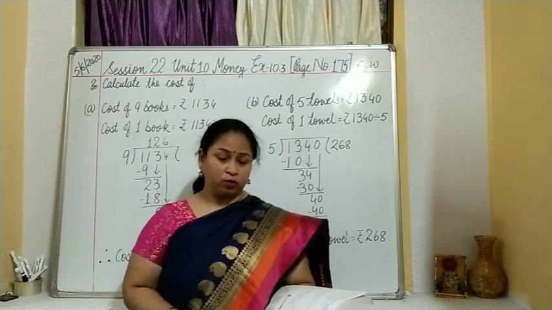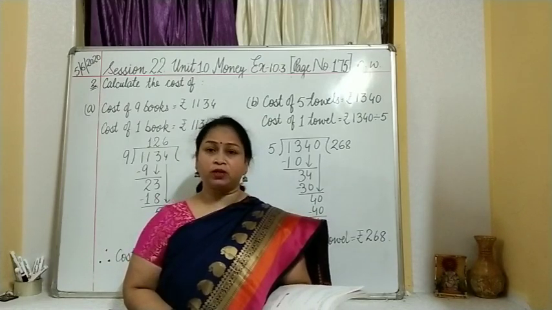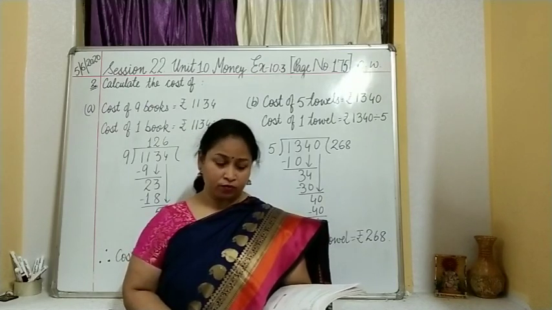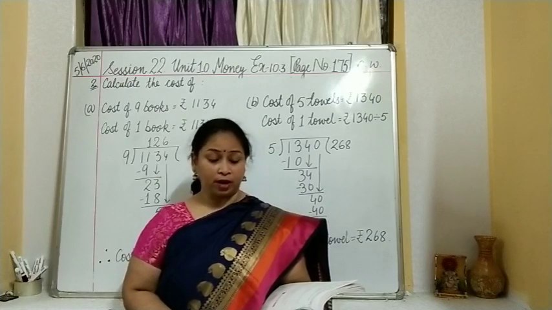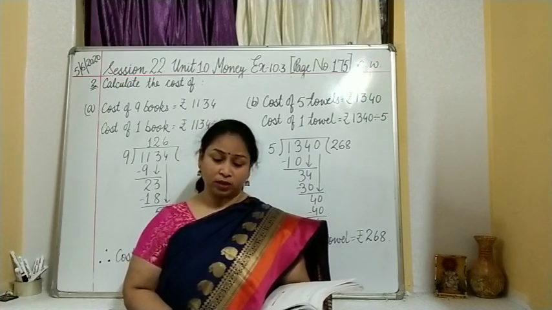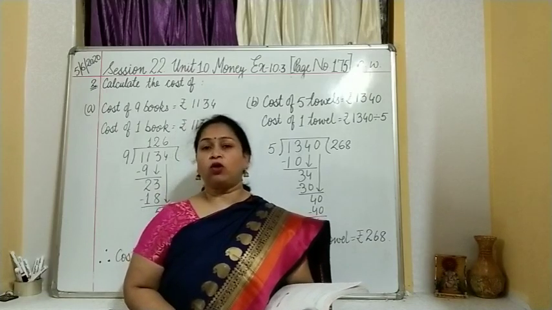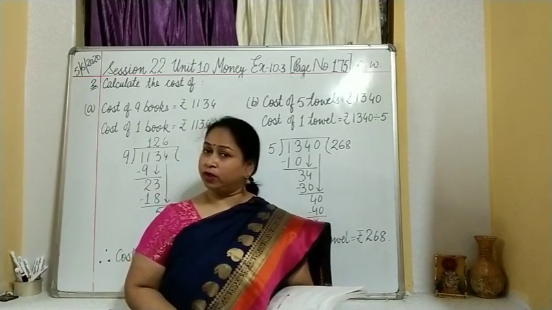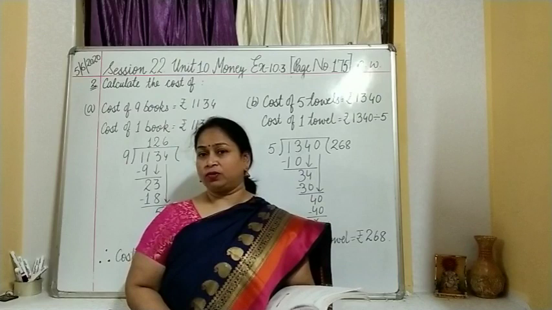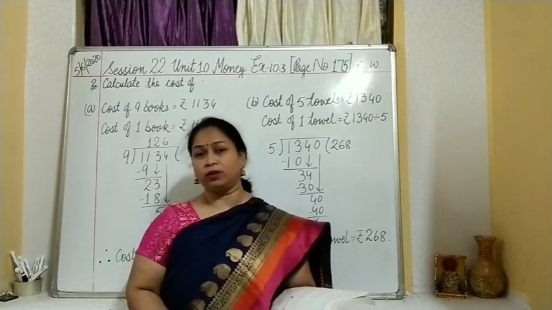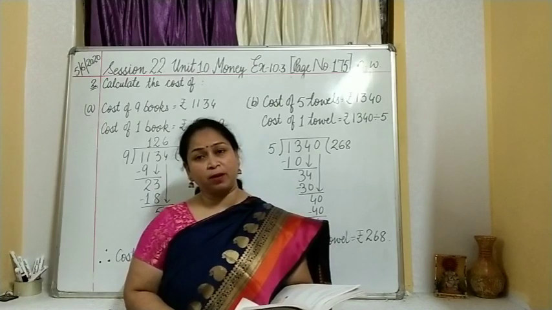Okay. So look at question number 2 given on page number 175. Calculate the cost of one book if 9 books cost rupees 1134. Okay, so we have already done the division chapter, where I told you, if the cost of one is given and many you have to find out, then which operation do we apply?